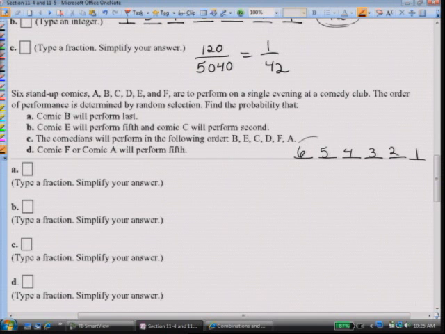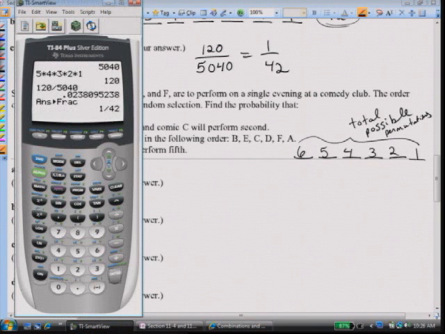So this is the total possible permutations in this case, because order matters. Okay, and so we will come in here, and that's just 6 factorial, but you can type it in 6 times 5 times 4 times 3 times 2 times 1. So that's 720.